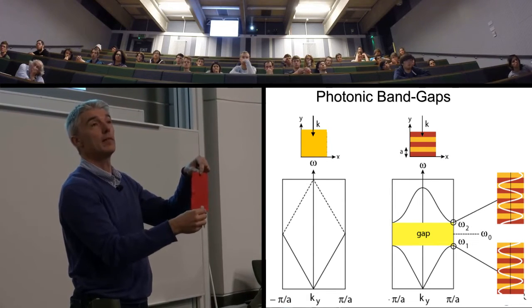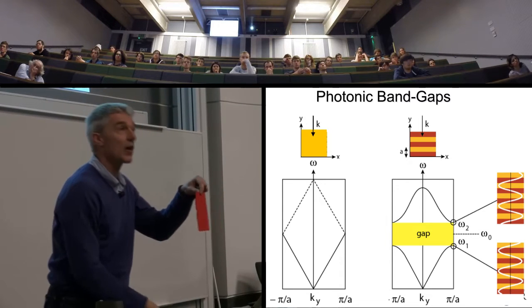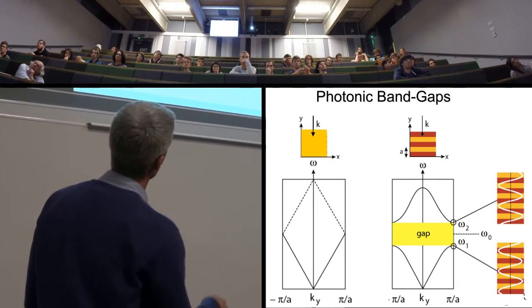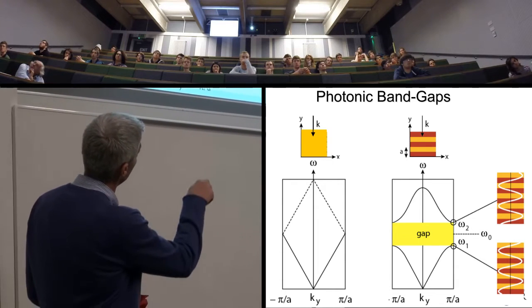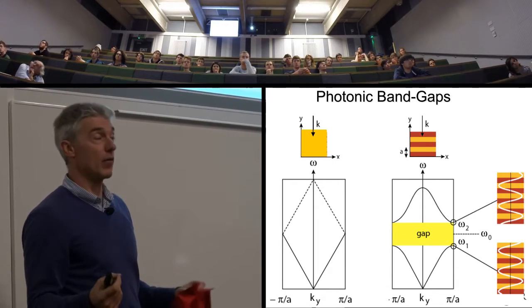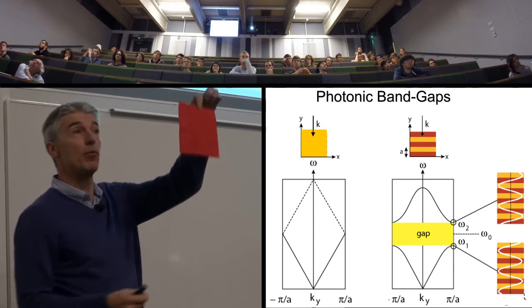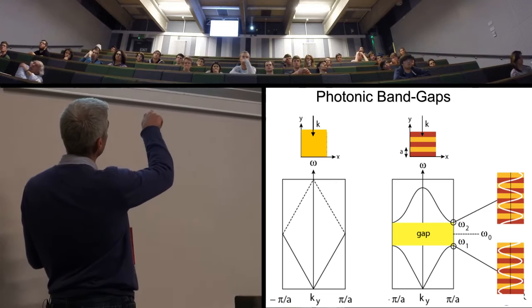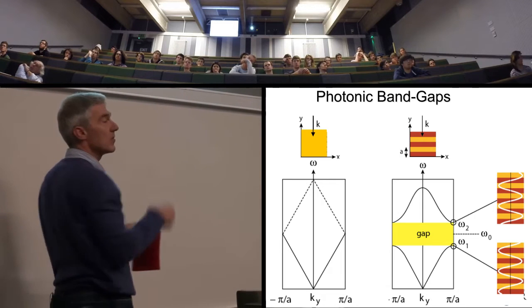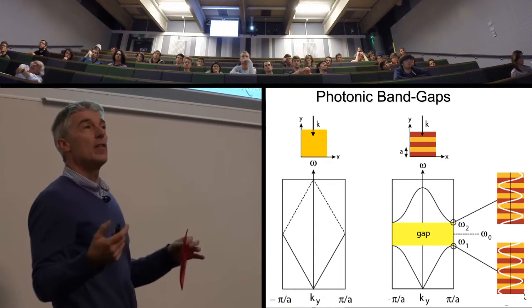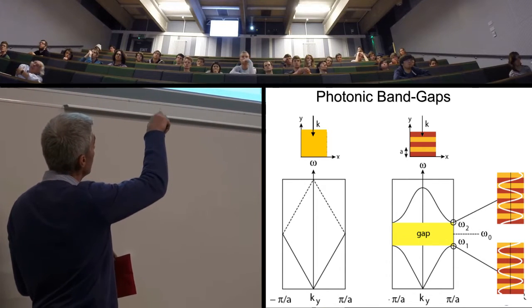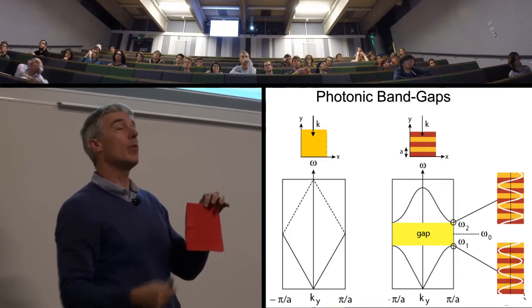Does it not propagate? Well, what this diagram shows, and unless you're familiar with them, you might not recognize that what I'm going to show you here is the band diagram associated with that problem I've discussed. I'm going to say, as I vary the wave vector along that axis, how does the propagation relate that wave vector to the frequency of light which propagates?